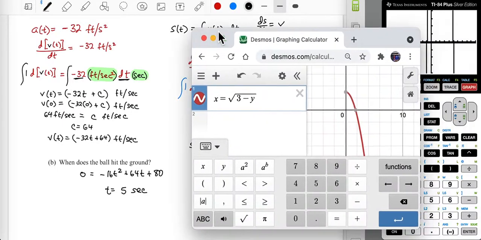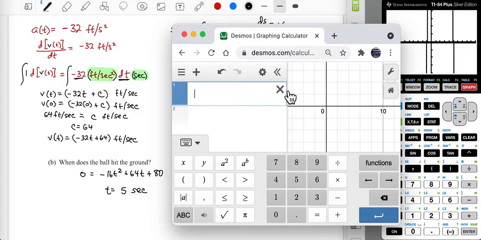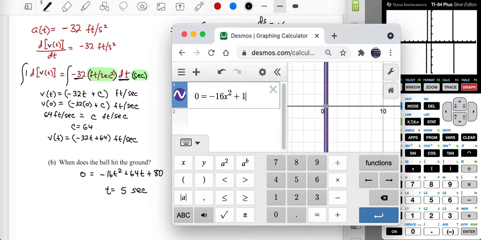Or you can go to Desmos, type in your equation. You could use x's, you could use whatever you like. If you're using a graphing approach, obviously the x's, but if you're using a numerical approach, you can use other methods.